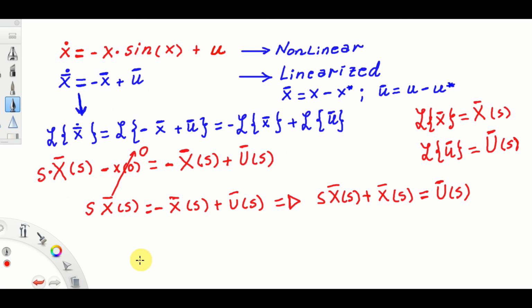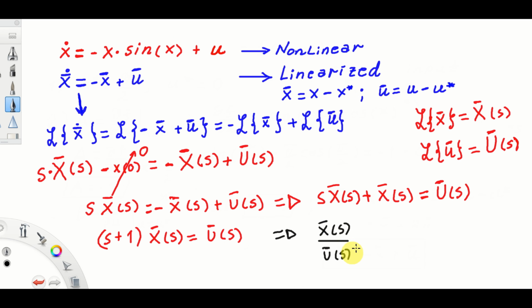And consequently, from this equation, we have that s plus 1 times x bar of s is equal to u bar of s. That is our transfer function relating the inputs and outputs. In our case, the output is simply the state. x bar of s over u bar of s is equal to 1 over s plus 1. And this is W of s, representing the transfer function of our system.